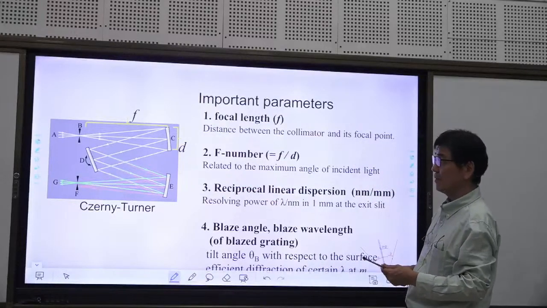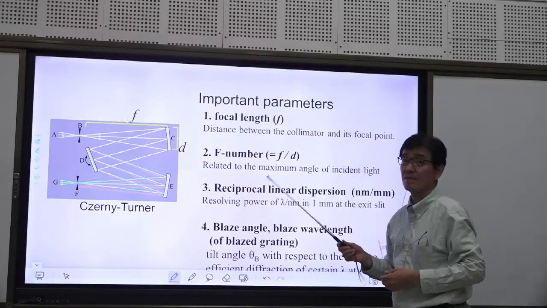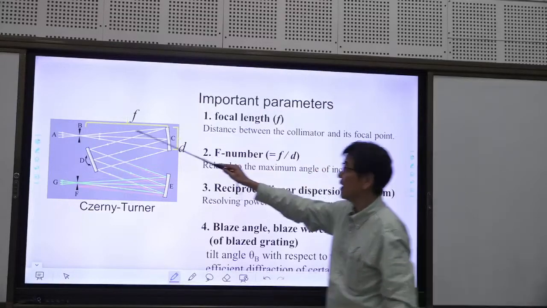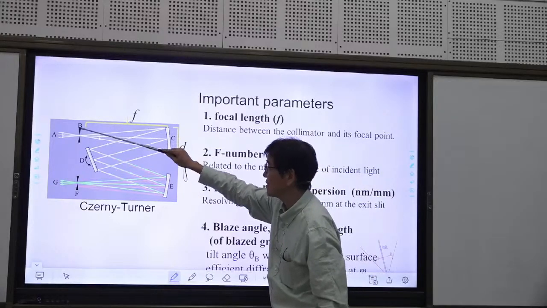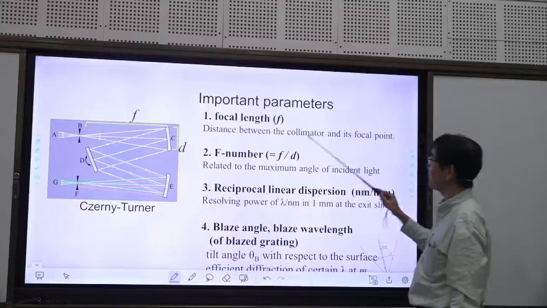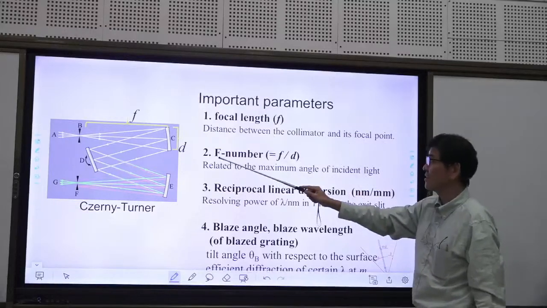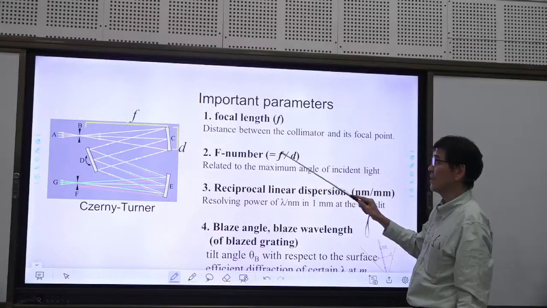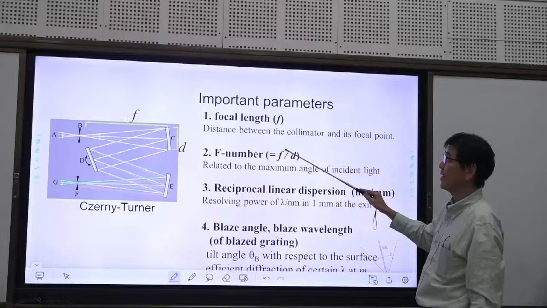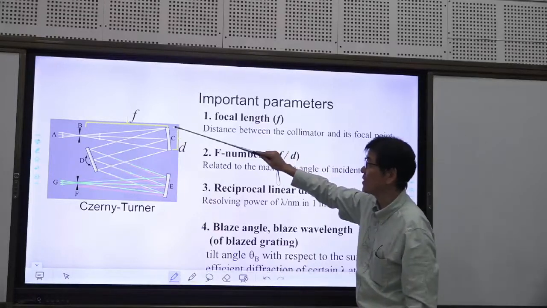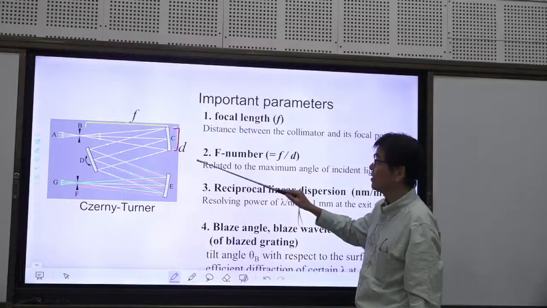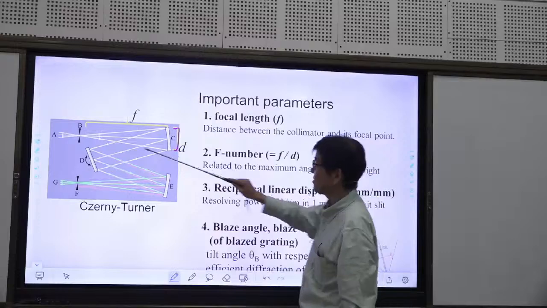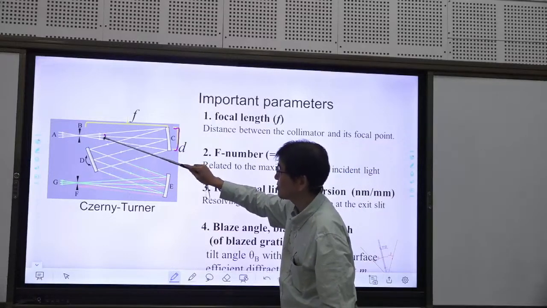When we use monochromators, there are several important parameters. Focal length, F, that is the distance between the slit and collimator. Second is the F number. This is calculated by dividing F by the diameter D. So this parameter is related to the maximum angle of incidence.